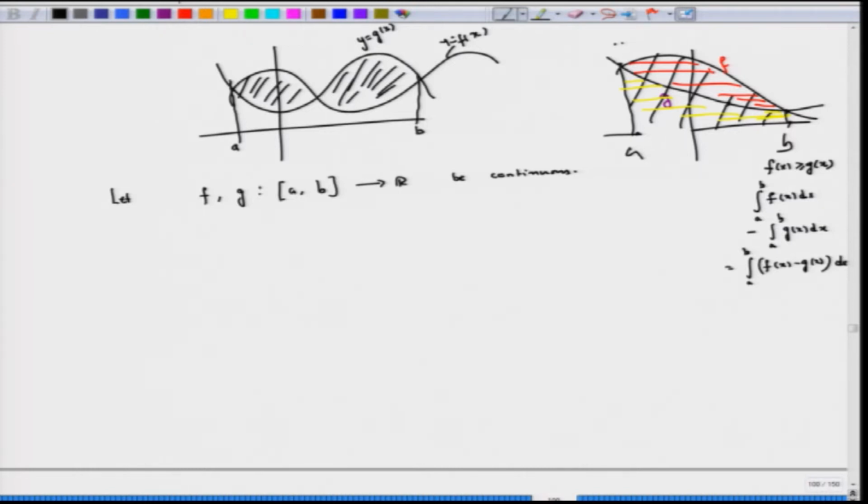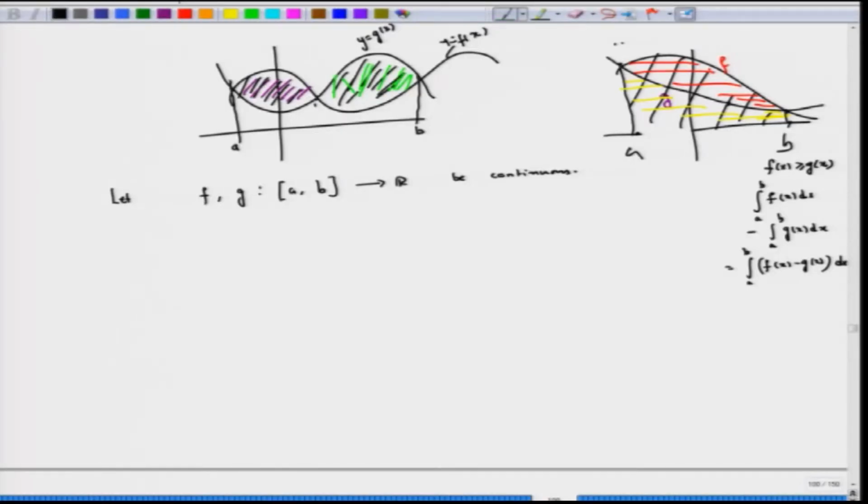Now, you can see that the difference between this picture and this picture is that in this region f is bigger than g, and in this region g is greater or equal to f. So, if we find a point c, then we will apply this.